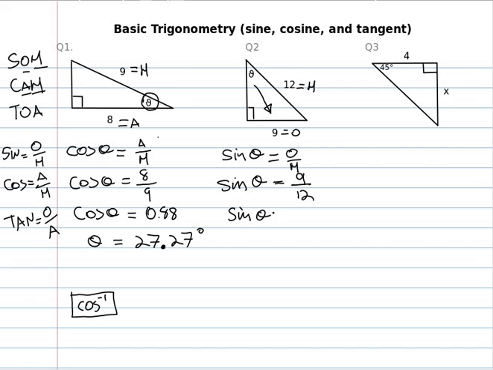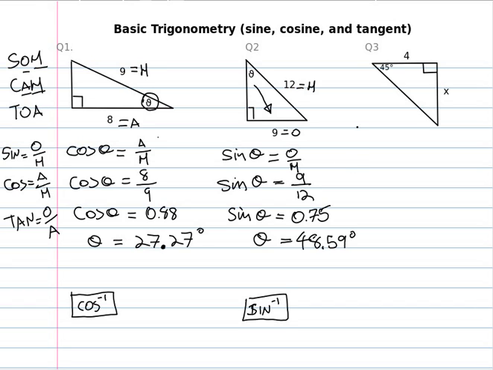Pop it in the calculator, and I probably didn't need a calculator to do that, I should have been able to do it in my head. Same thing again, this time the button we're going to be using is the inverse sine. Taking the inverse sine gives us a theta of 48.59 degrees.